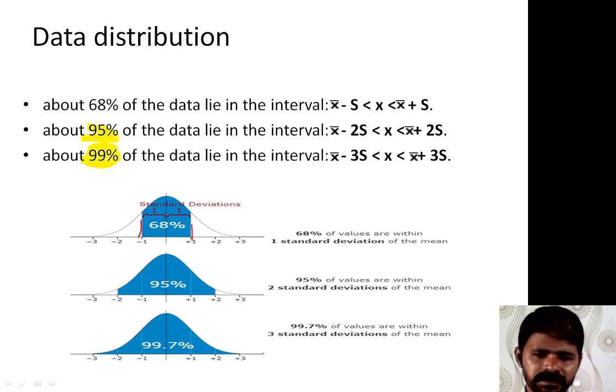If your data follows two standard deviations, it covers 95% of the observations or values. If your data follows three standard deviations, it covers about 99% of the observations. Out of 1000 observations, 997 observations are considered for the analysis.